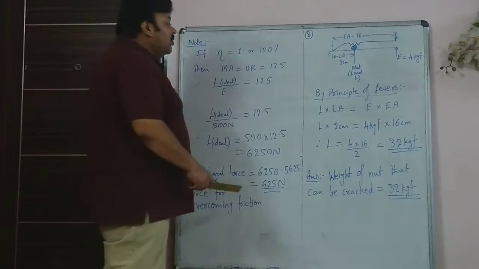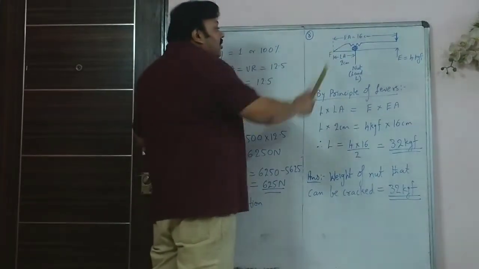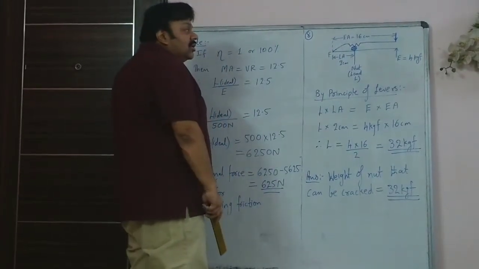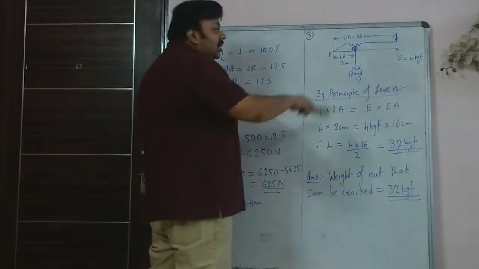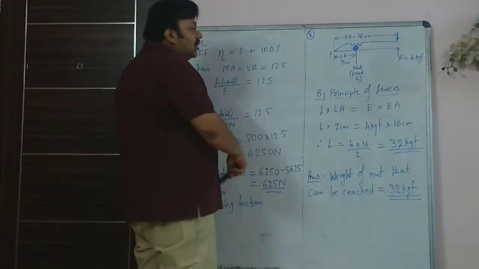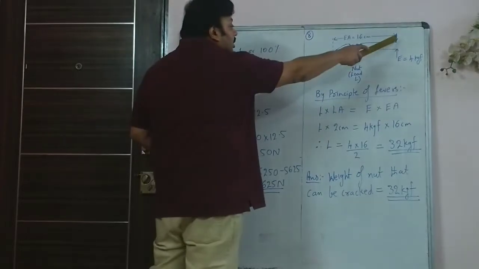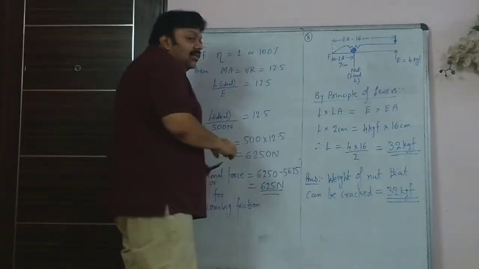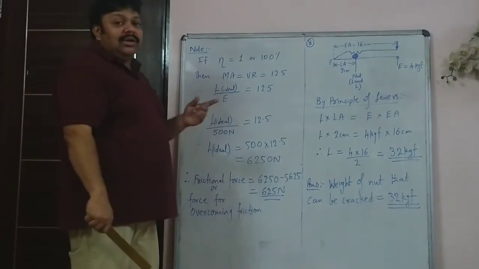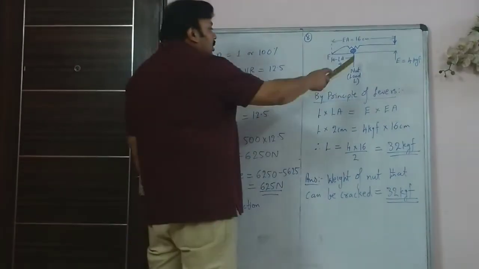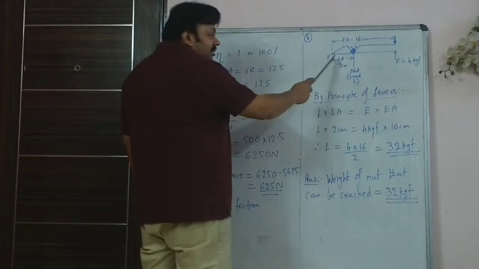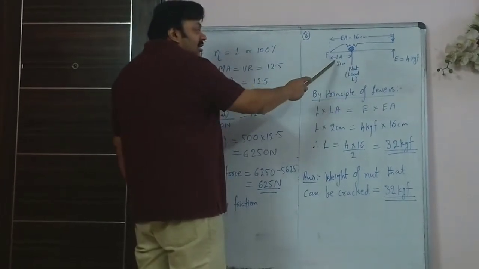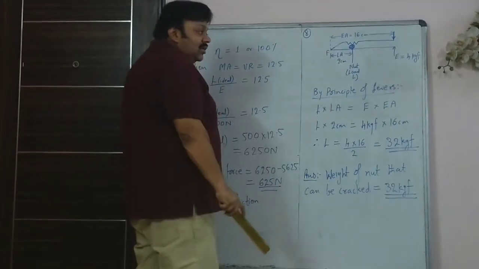Now here you are given that the handle of the nutcracker is 16 centimeter long. Obviously with a lemon squeezer or nutcracker, the person will hold the handle at the end and then press it, so that minimum effort will be applied to break that nut. The nut is placed at a distance of 2 centimeter from the fulcrum.